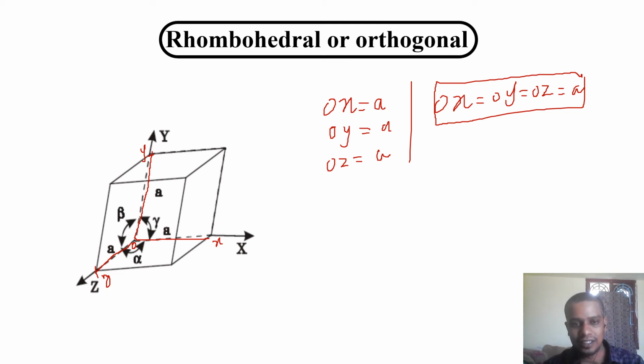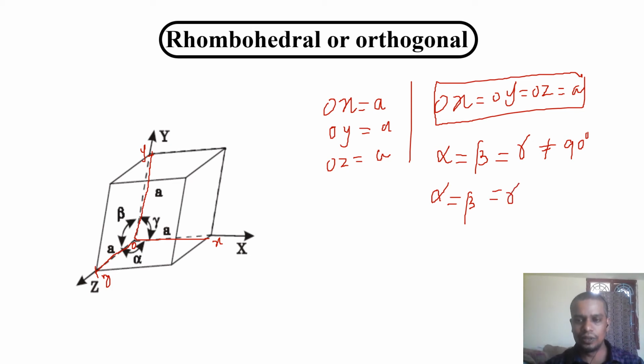But the picture can't really show it, because some angles look acute, some look obtuse, but that is not the case for rhombohedral. For the rhombohedral system, if you are measuring, alpha equal to beta equal to gamma, the three angles have to satisfy this condition, but they are not equal to 90 degrees. They are acute angles, less than 90 degrees. All the angles will be equal, but not equal to 90 degrees. This is a condition it has to satisfy.